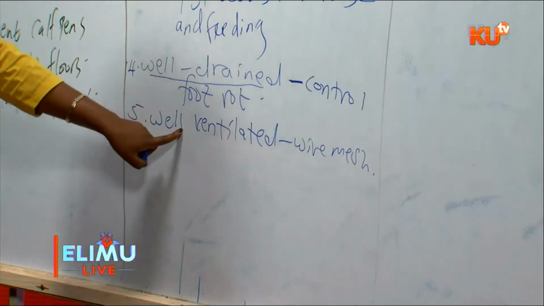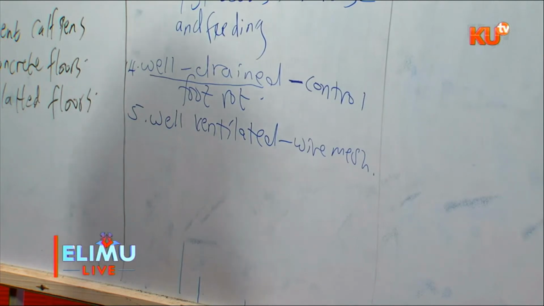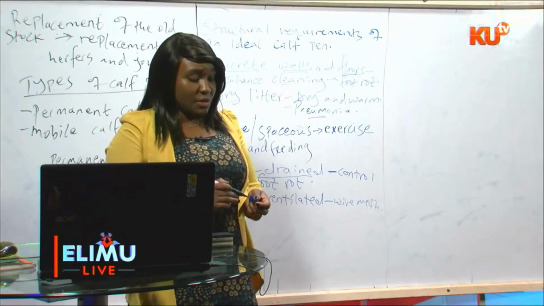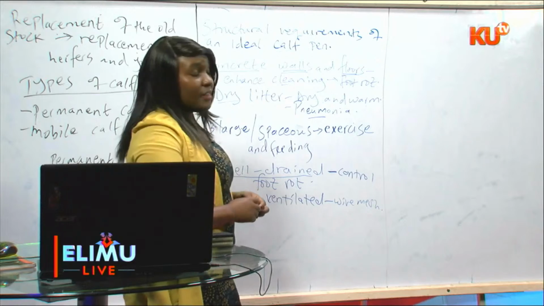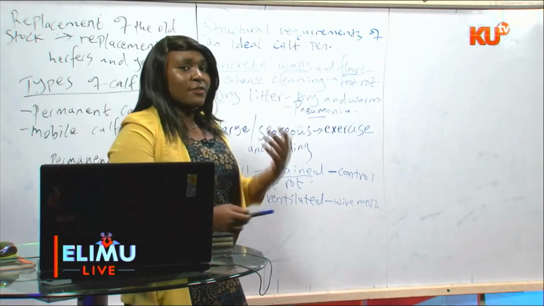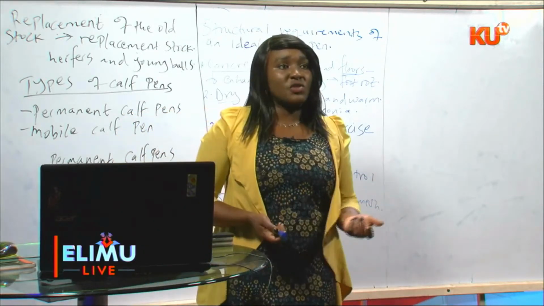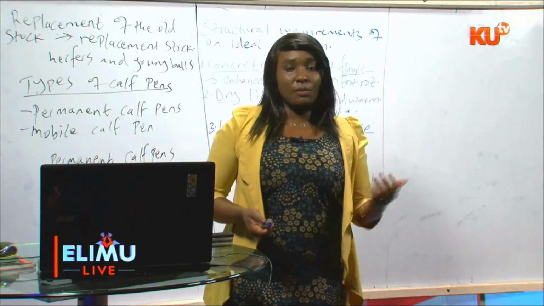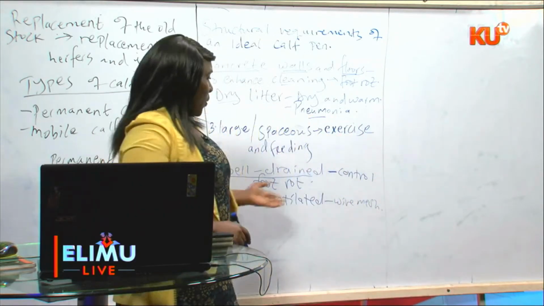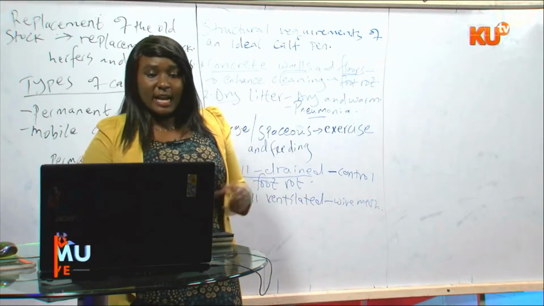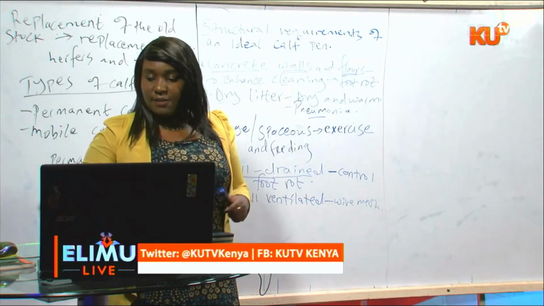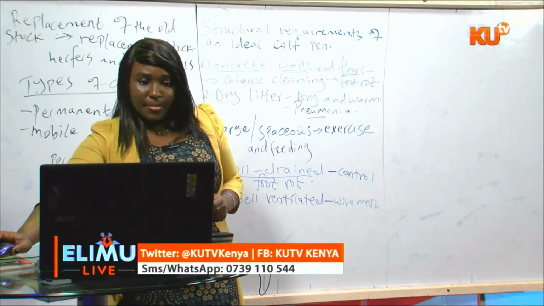And of course, this boosts the immunity. The ventilation boosts the immunity of the animals because there is free circulation of oxygen into the body of the calves. So a well-ventilated calf pen is an ideal one for the growth and rearing of these animals.